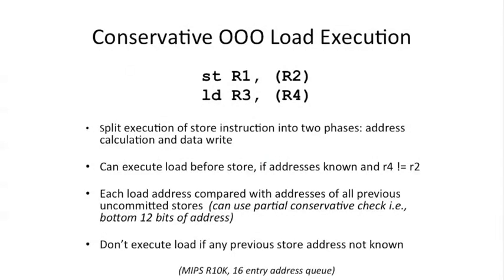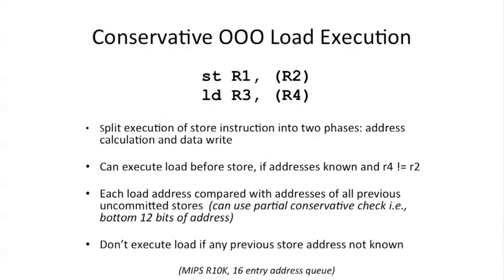OK, so let's take a look at a conservative out-of-order load example. So for our conservative one, let's split the store into two sub-parts: an address computation and the actual data write.